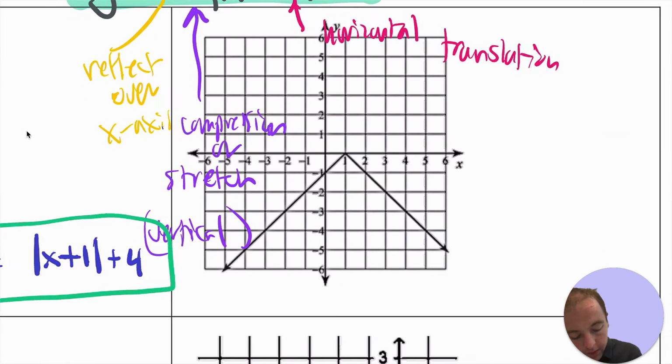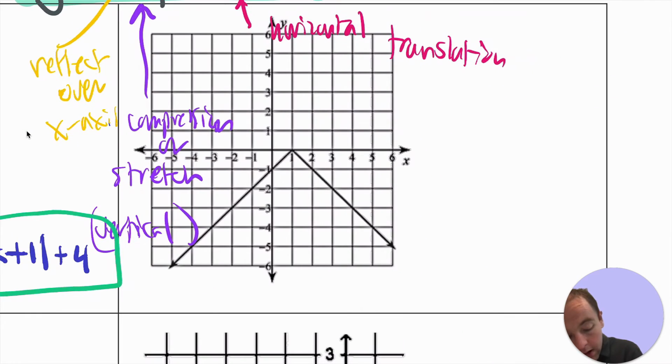With the second example right here, you'll notice that the vertex is just to the right 1 unit of where the origin is. And so we're going to expect then that because it's a horizontal shift, we're going to see something inside the absolute value. And what we'll see is a subtraction of 1 because it moved to the right, hence the subtraction.